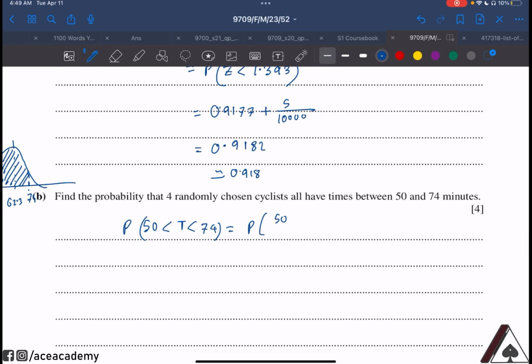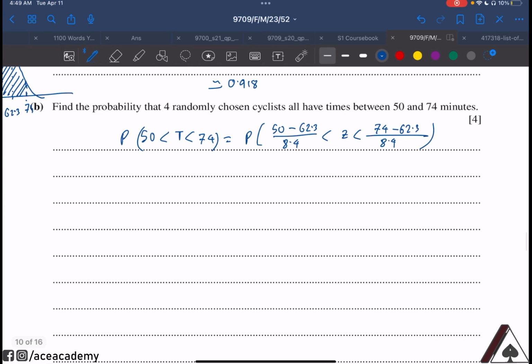Probability of 50 less than t less than 74 equals probability of (50 minus 62.3) by 8.4 less than z less than (74 minus 62.3) by 8.4. Okay, so it will give us 1.464 minus z minus 1.393.